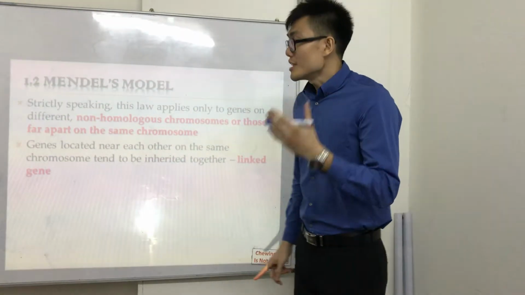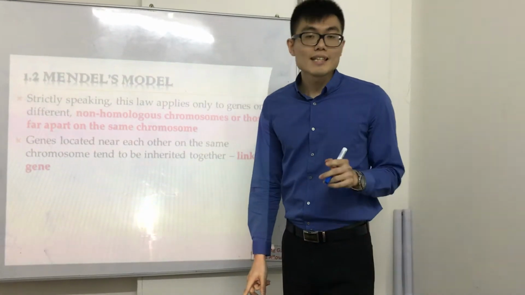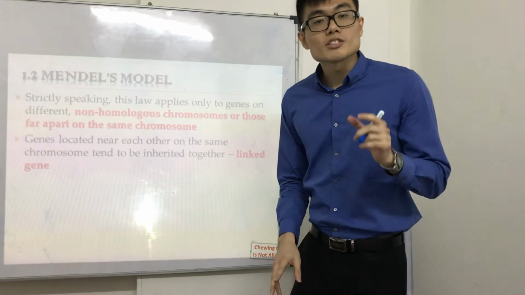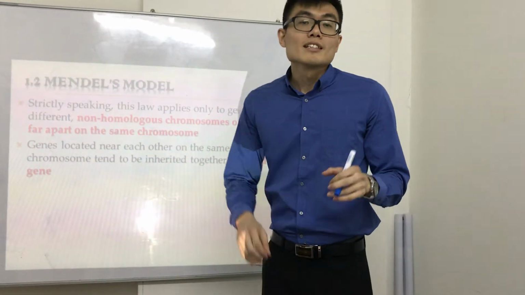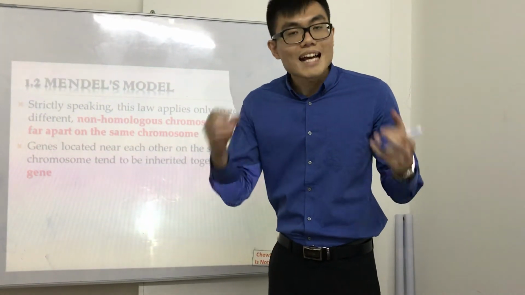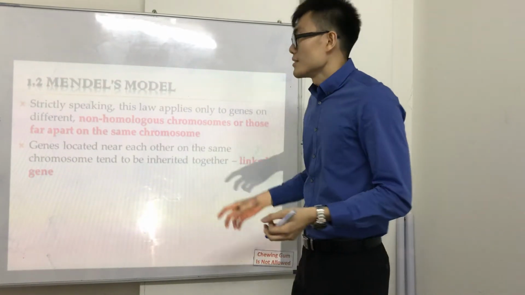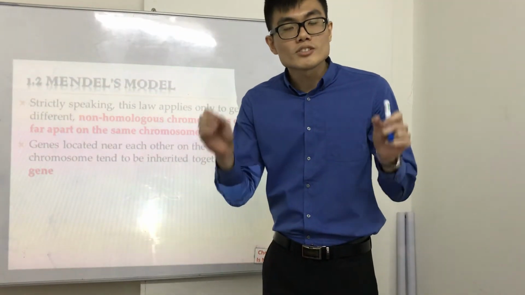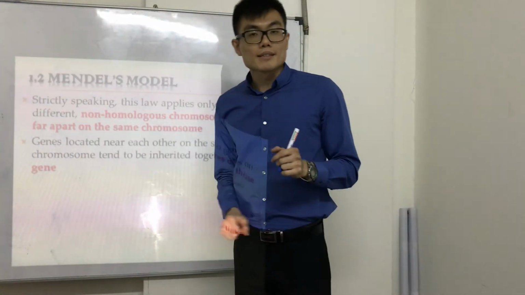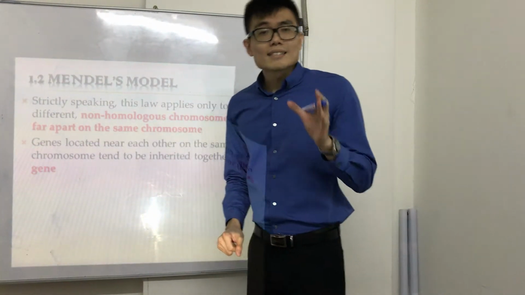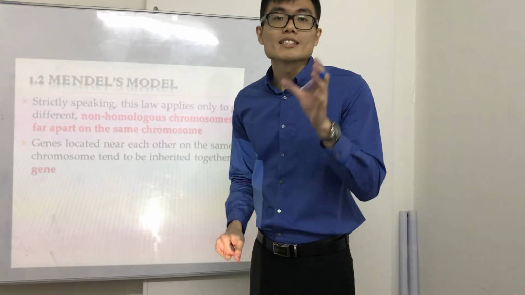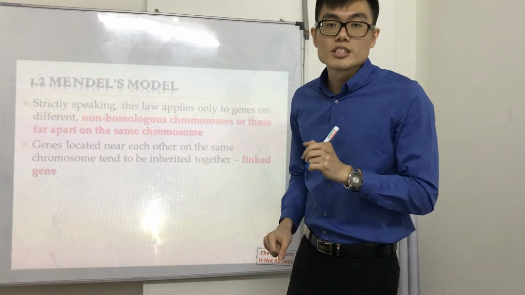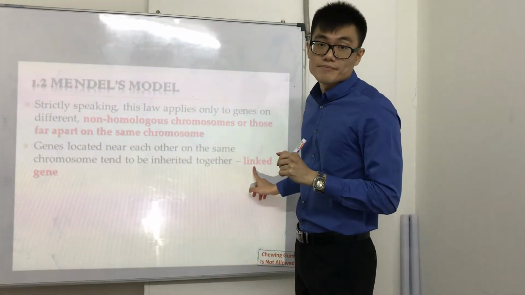So strictly speaking, the second law, the law of independent assortment, only applies to genes that occur on different, non-homologous chromosomes. If they occur on the same chromosome, then the genes should be far apart. If the genes occur on the same chromosome and are very close to each other, then these genes are called linked genes.